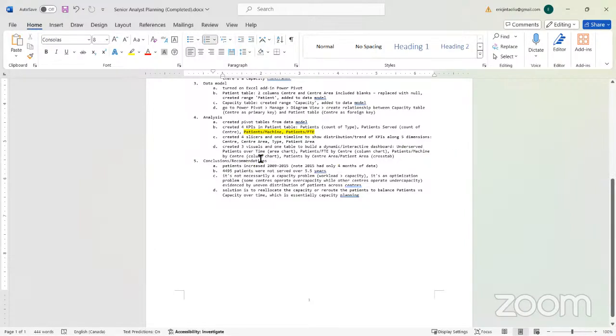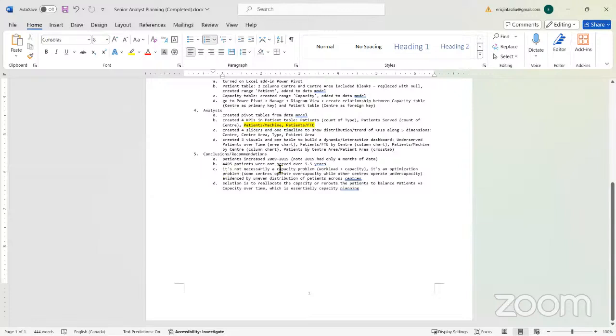Underserved patients over time, patients per FTE by center, patients per machine by center, patients, right? Conclusion here: patients increased between 2009 and 2015. And this many patients were not served over 5.5 years. It's not necessarily a capacity problem.